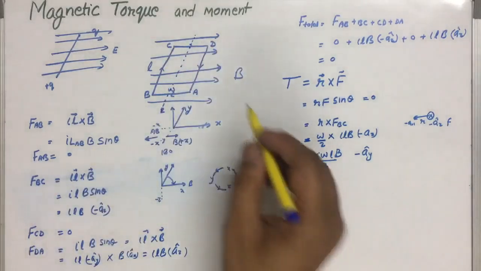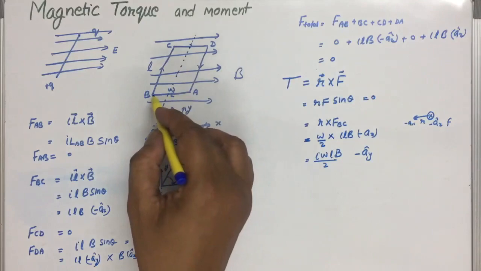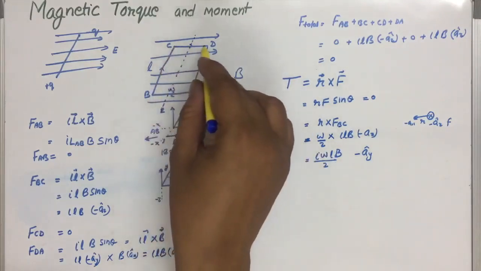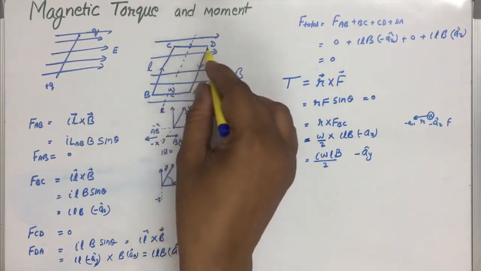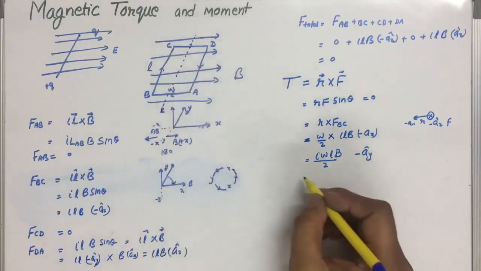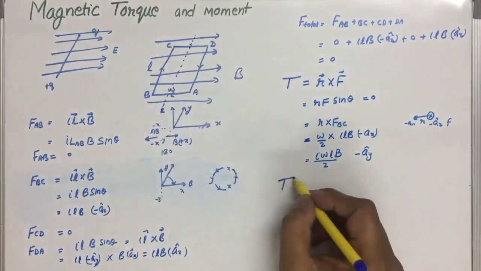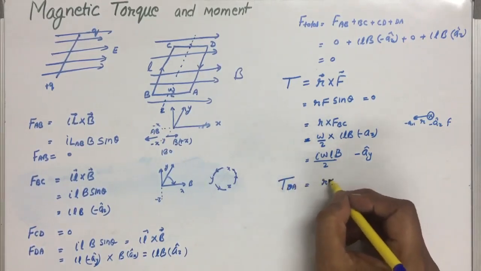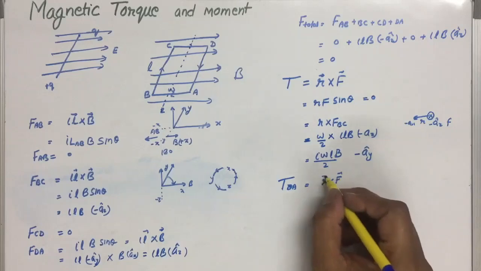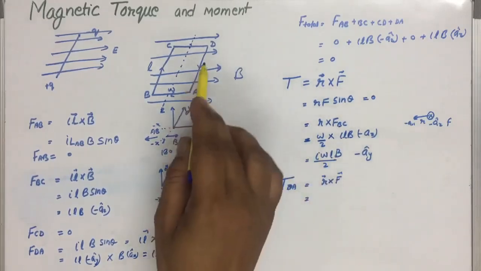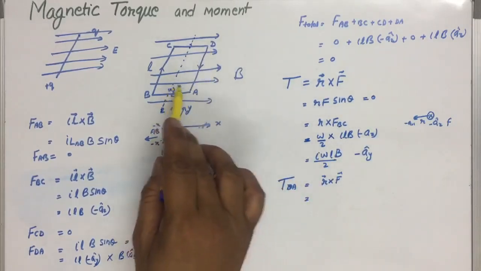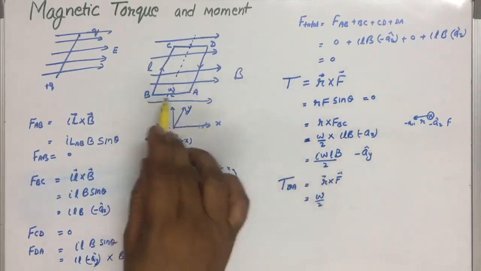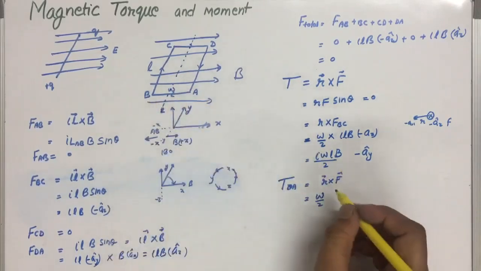So this portion has torque 0, this portion has this torque, and this portion has torque 0, as force is 0 in this portion. Now come to this part. So torque at DA will again be R cross F. R is in the direction of X, that is W by 2, where W is the width of the loop.